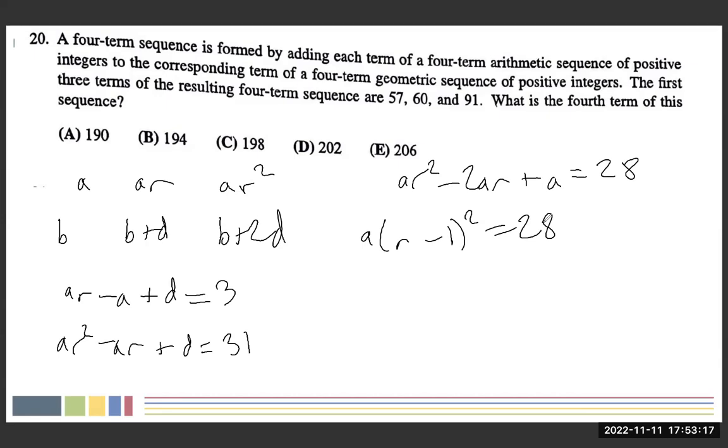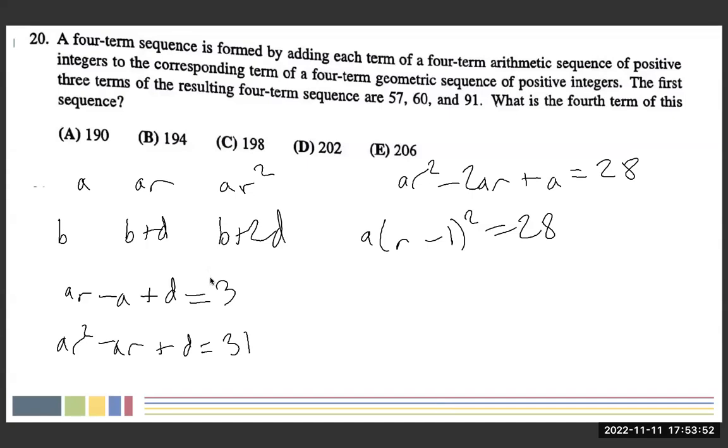A is restricted to the positive integers because A itself is a term, and R has to be an integer too. Technically R doesn't have to be an integer, but because A is an integer and 28 over A is an integer, R minus 1 would have to be an integer, because otherwise it would not make sense.